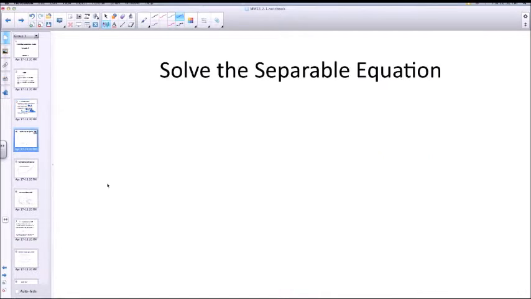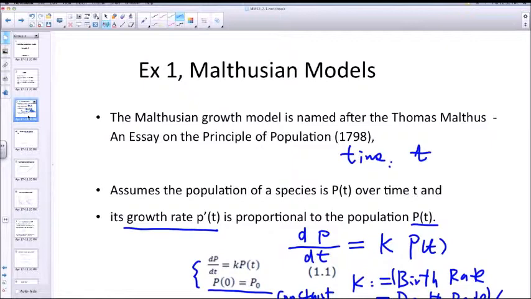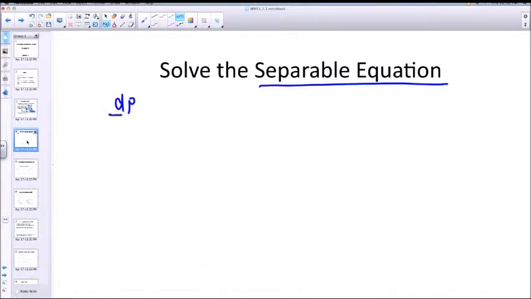So this kind of equation, we call it a separable equation. That means you can move P to the left hand side, and then move the k dt to the other side, and then you do an integration.